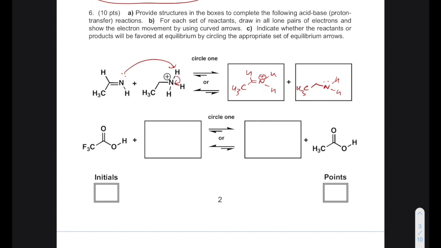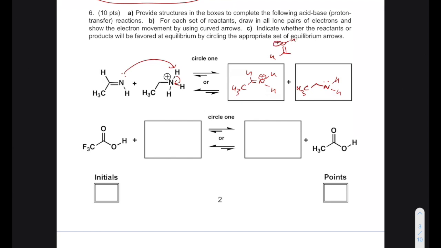You can also know by analogy that, in fact, positive charges on sp2 hybridized centers are less stable than positive charges on sp3. And this is directly analogous to if we, say, compare the acidity of a protonated carbonyl.